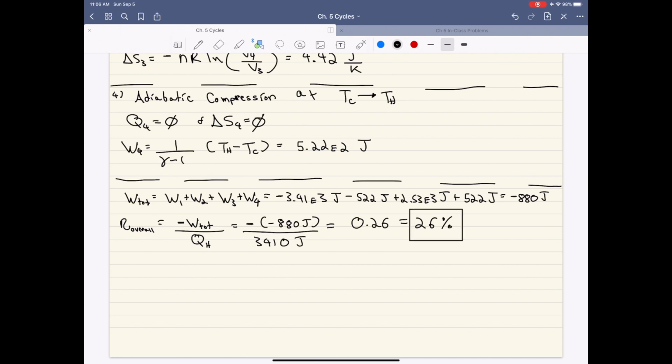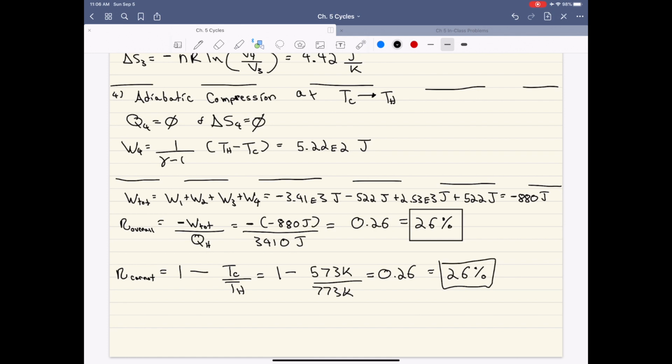But as we've seen previously with the Carnot cycle, the efficiency is just this very simple equation. If we plug into this very simple equation here, we get the exact same answer.